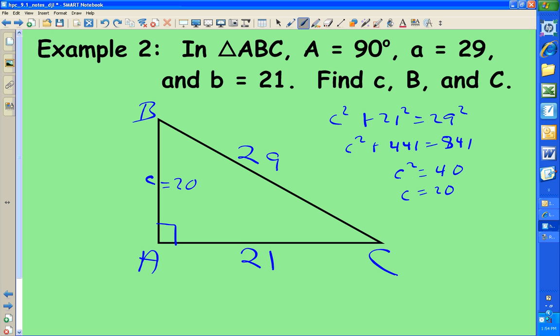B? Which trig equation? Sine of angle B is equal to 21 over 29. So angle B is equal to sine inverse of 21 over 29. What does angle B turn out to equal? 46.397 degrees.